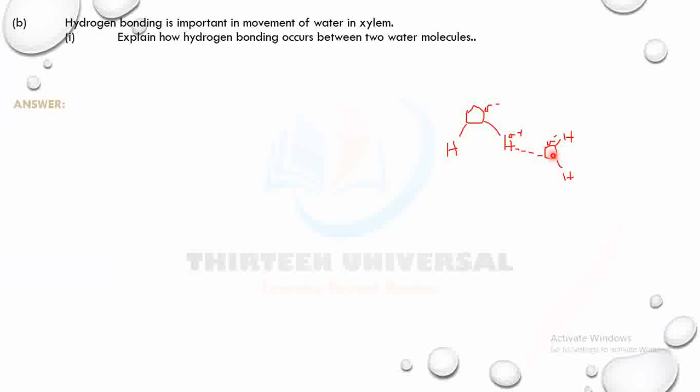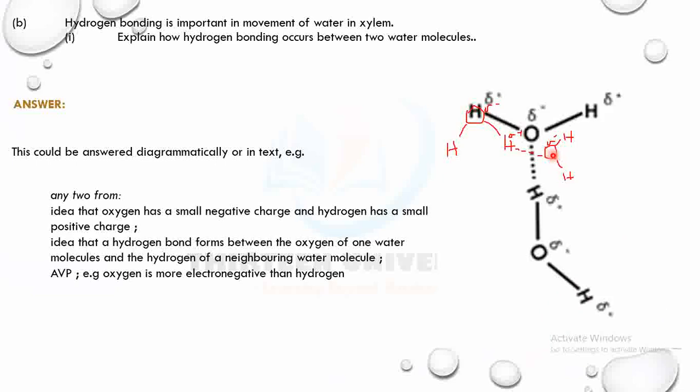This could be answered by showing the diagram. This is a water molecule, and this is another water molecule. The oxygen of this water molecule has a small negative charge, while the hydrogen of the other water molecule has a small positive charge, and that's the hydrogen bond between them.